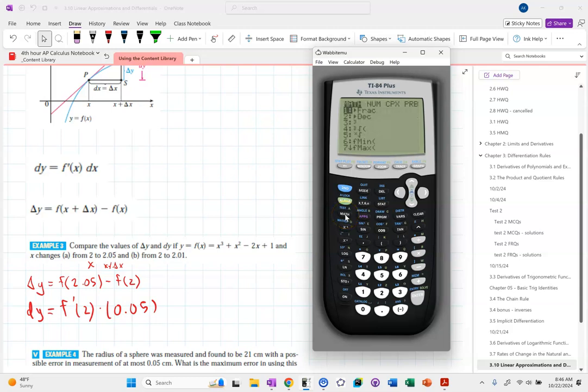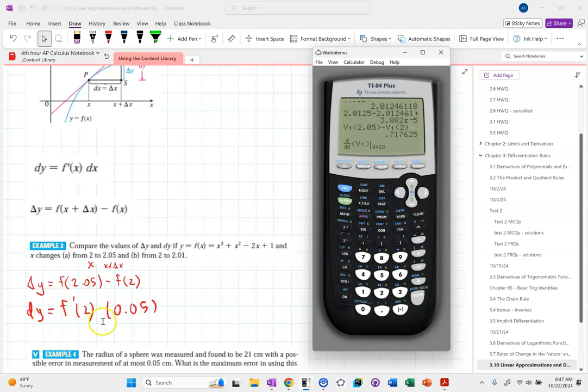So I'm going to do math, and go down to the nDeriv option. Pick that, type in x, because we're doing a derivative with respect to x. Now, I could type this in manually, or remember I had left this in y1, so I can press vars, y vars, function y1, and I want to do this when x is equal to 2.